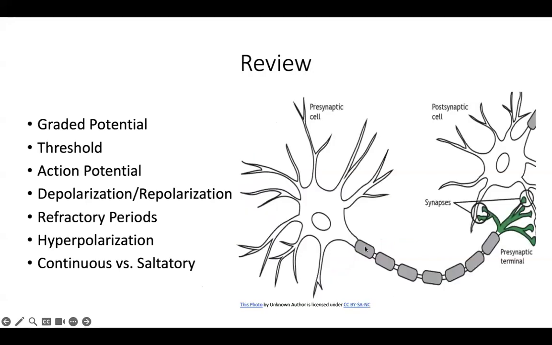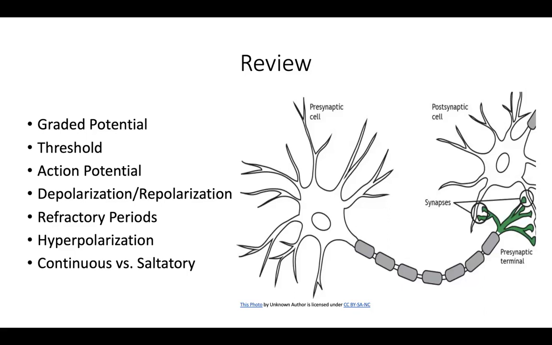Okay, to quickly summarize and review what we talked about, let's walk through an entire action potential from start to finish. To start, you have these graded potentials that come down and are beginning that sodium influx into the cell and making small depolarizations. That happens until you reach that threshold, which is again usually around that -50 to -55 millivolts.